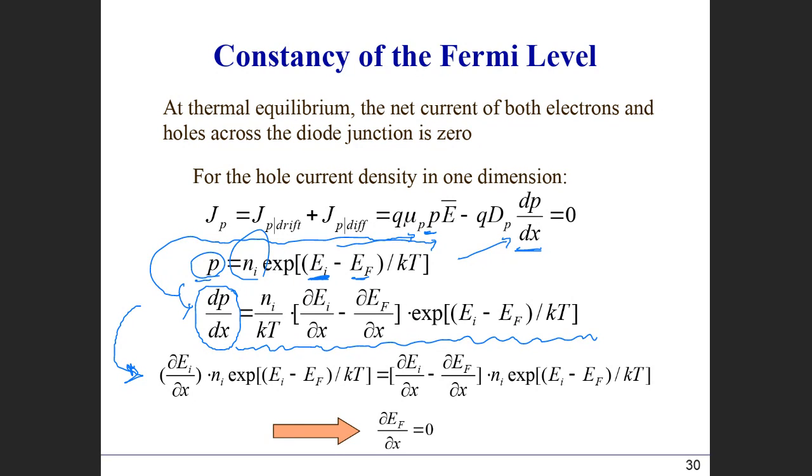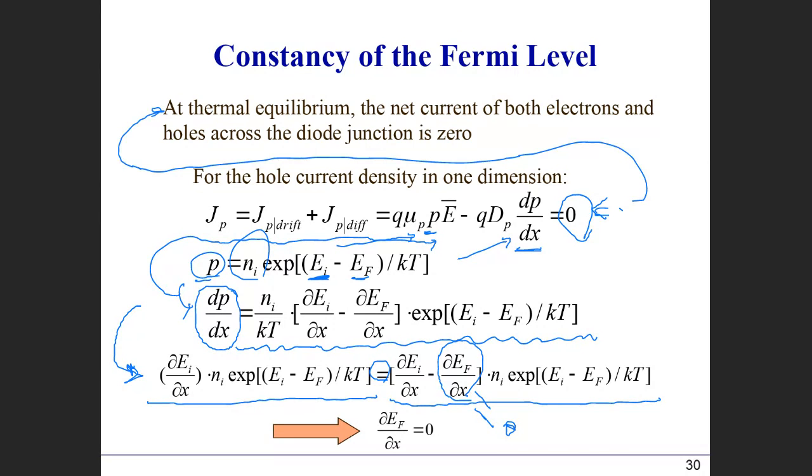From this equation, as a conclusion, to have the left side and right side equal, this term needs to be 0. We started this derivation saying that the total current is 0, which means we start from thermal equilibrium.